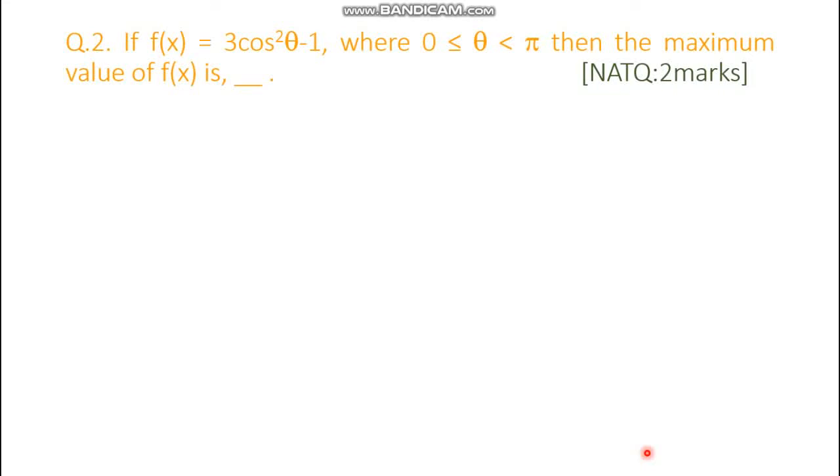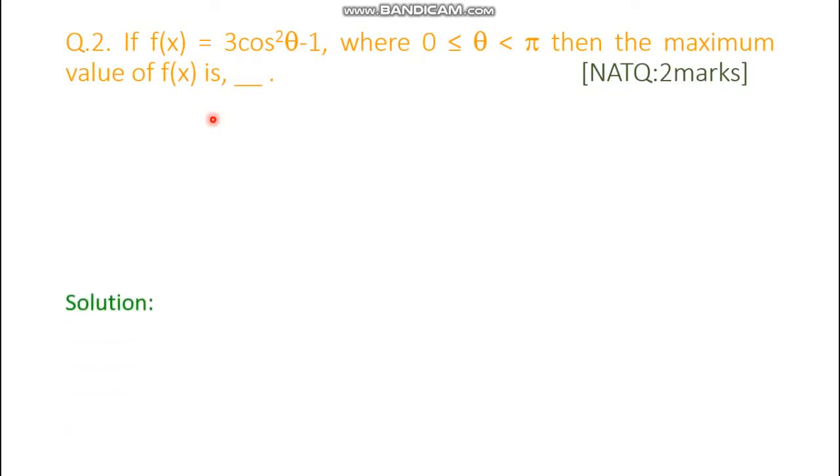Now in another question, which is a numerical answer type question having 2 marks, you'll be asked a function f(x) = 3 cos²θ − 1, where 0 ≤ θ < π, then the maximum value of f(x) is what? So the same question, but you have to find the maximum value.